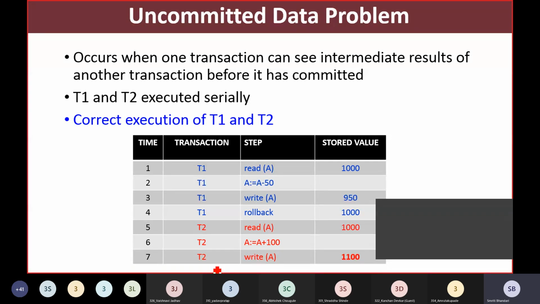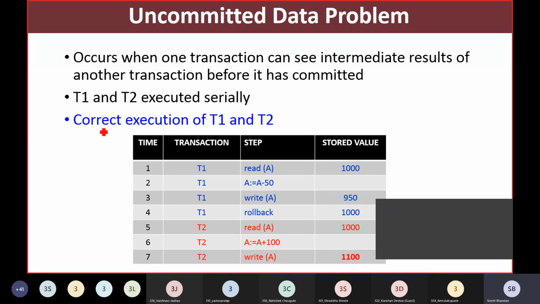Let us assume once again that T1 and T2 are executing serially, right? And what are my transactions T1 and T2? See here, once again the same transactions T1 and T2. So T1 is withdrawing 50 and T2 is depositing 100 in the same account A. But what has happened?